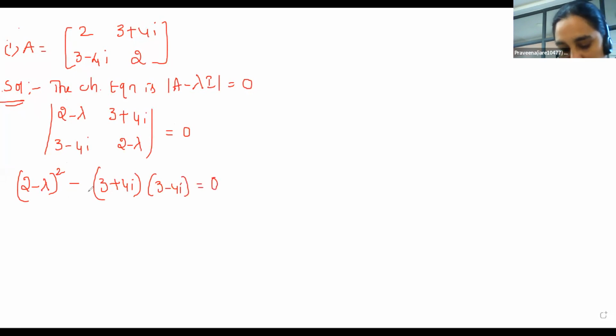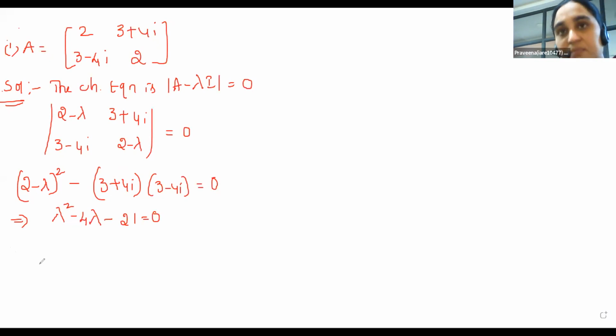Directly writing the polynomial: lambda square minus 4 lambda minus 21 is equal to 0.